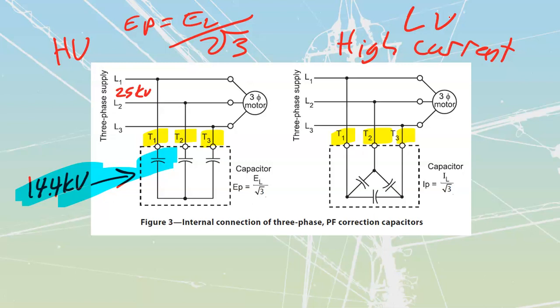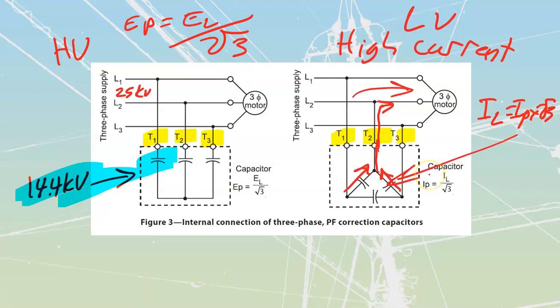But if I've got a very, very large amount of current, and if I need a massive power factor correction capacitor over there, I'm going to make my connection in delta, because that way my capacitive current can be delivered out from both of these 2 phases at the same time to join together to become that larger line value of current that we have anytime we're dealing with delta. Remember that for delta, I line is equal to I phase times root 3. So we're going to have a smaller value of phase current inside of here that we're shuttling back and forth, which once again means smaller, more compact units.